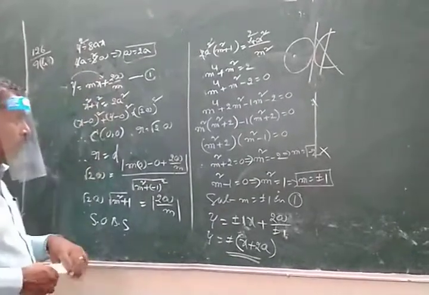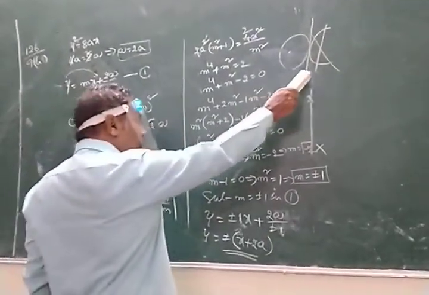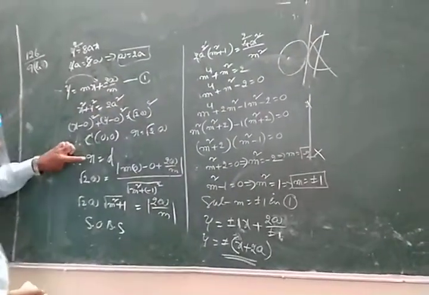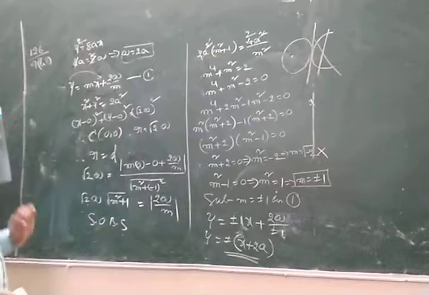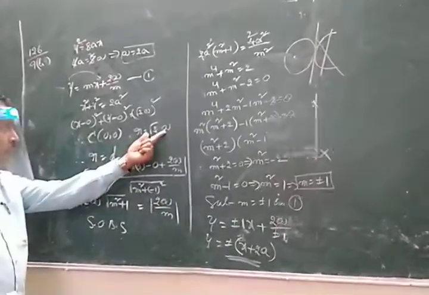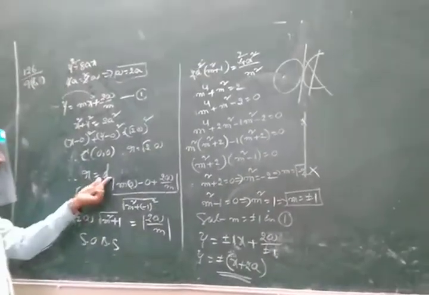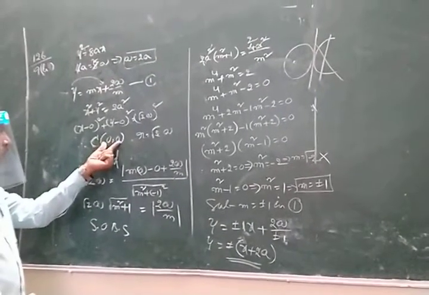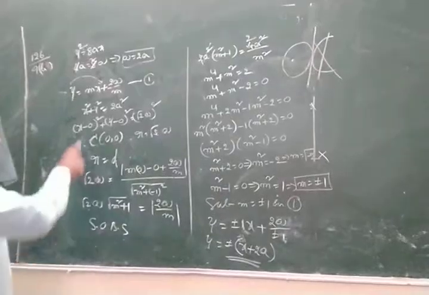Next, this line touches the circle. We want this m value. For that, we apply r equal to d. R is the radius, D is the distance from center to the line.